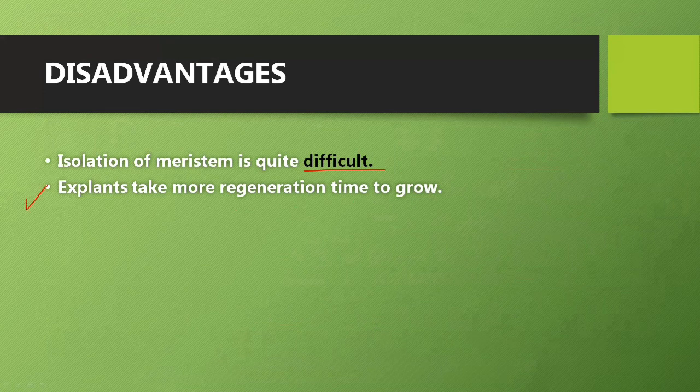Sometimes for a few species, this disadvantage is there, for example eggplant takes a very long period to grow. But the major disadvantage is that during isolation the meristem could get injured, and it is then difficult to produce new plantlets.